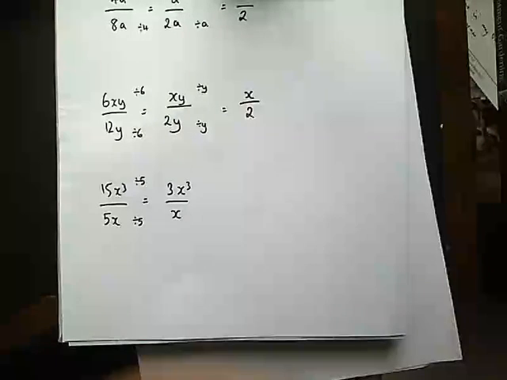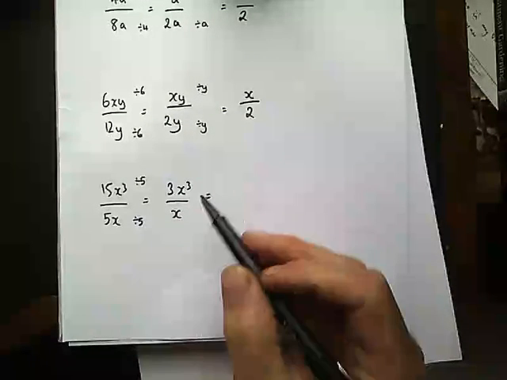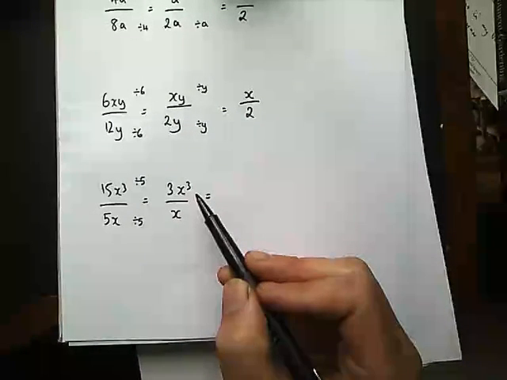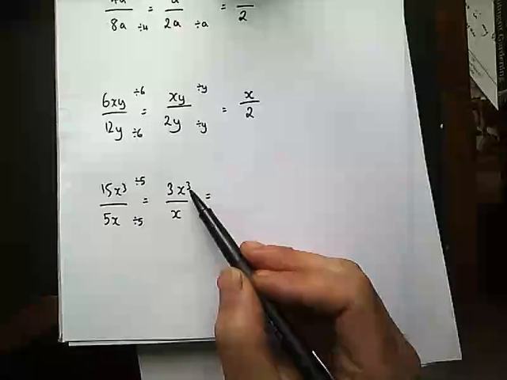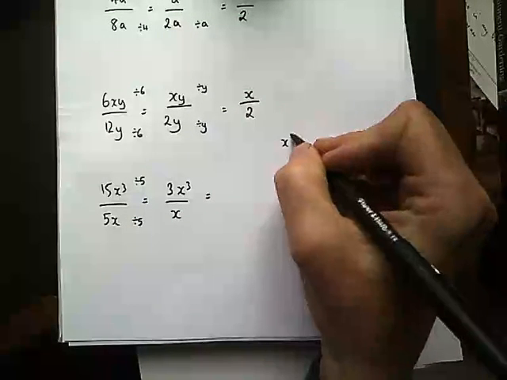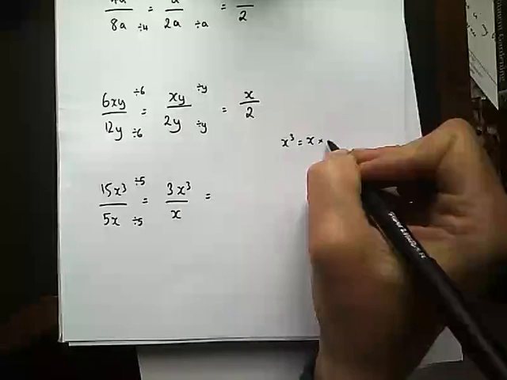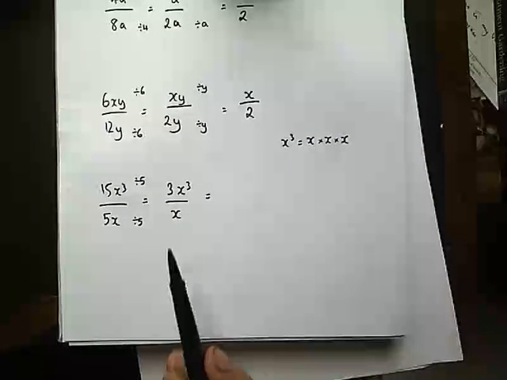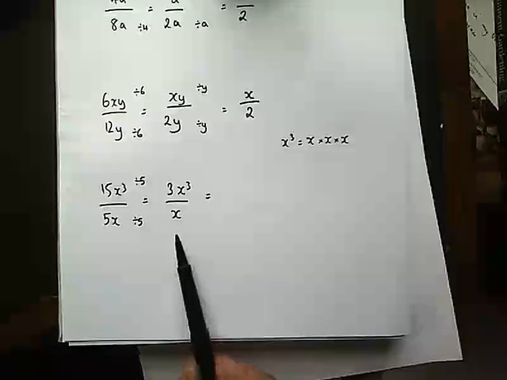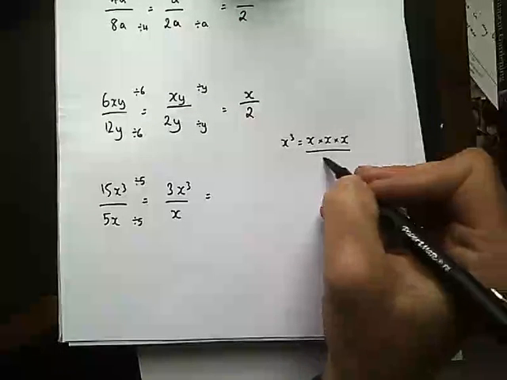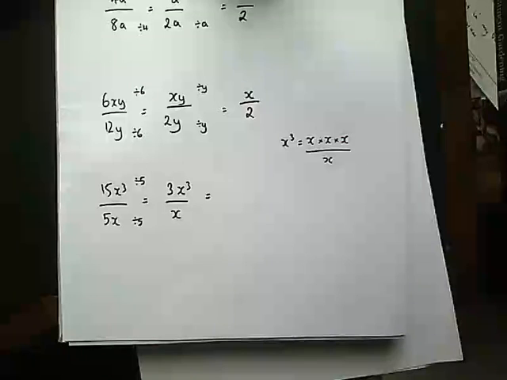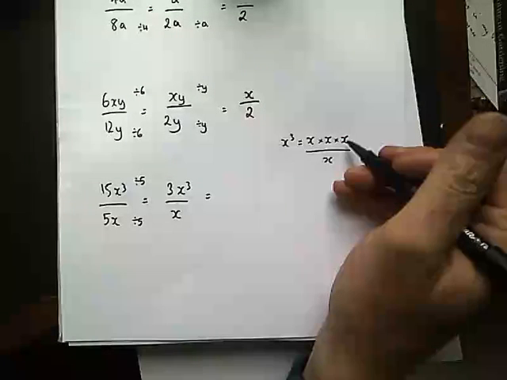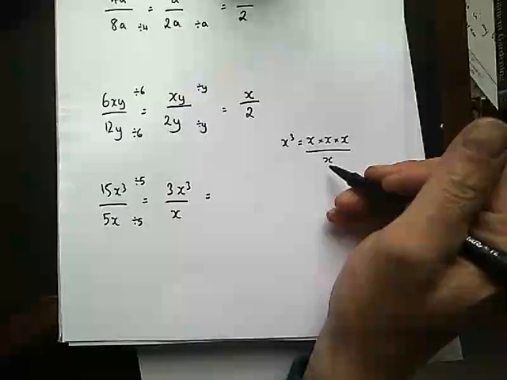So now let's think about the letters, the algebra bit. This x cubed is the same as saying x times x times x. And I want to divide it by 1x. So this is where a times by x and a divide by x will cancel each other out.